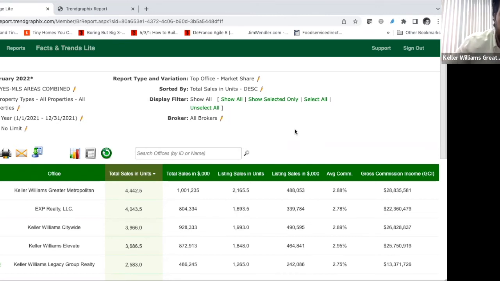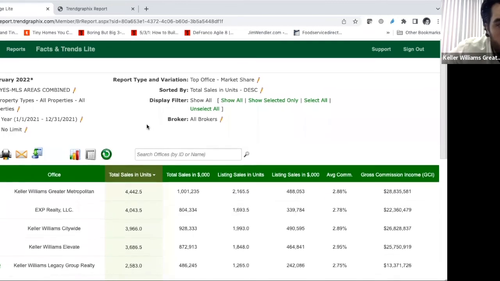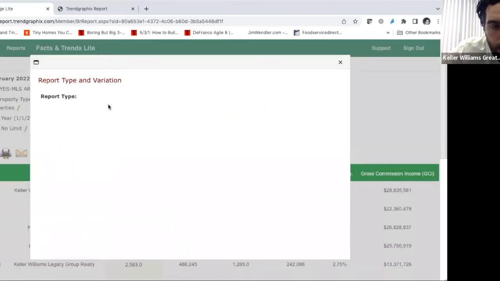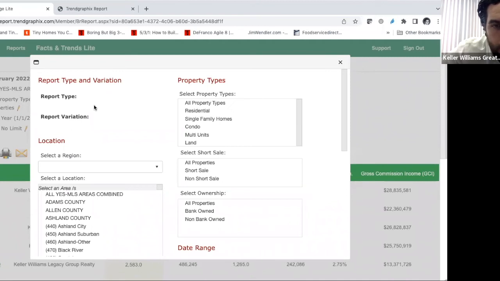And then let's say you were like, well, what about Keller Williams as a brand? You can adjust it.